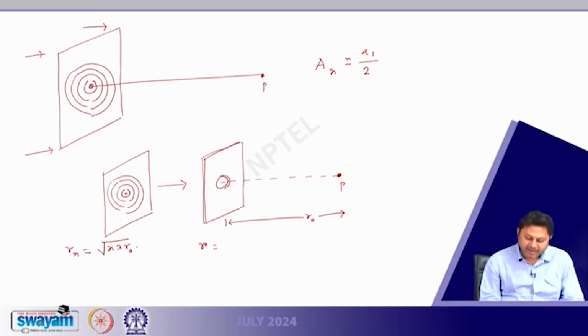So, when this aperture radius is exactly equal to root over of lambda r naught, that means I am only allowing the first zone to pass through this aperture, then we get a maxima here in the point P. So, we get a maxima.